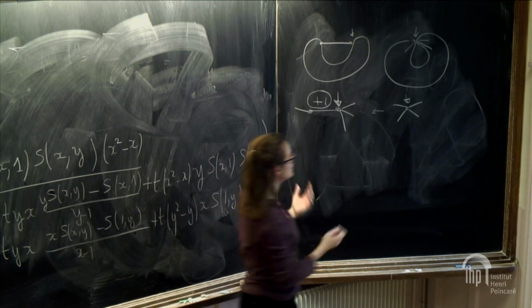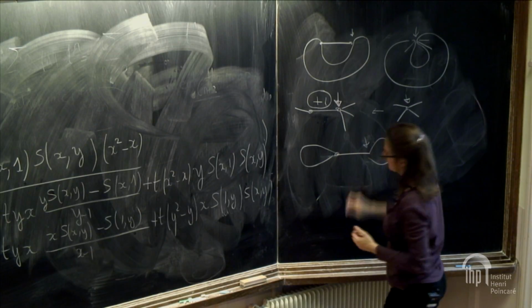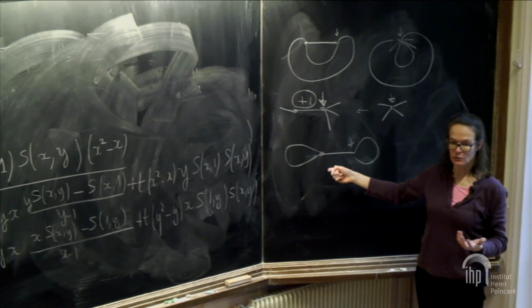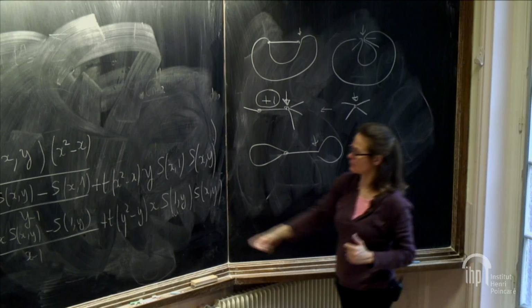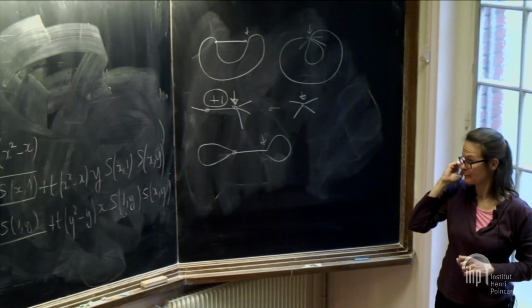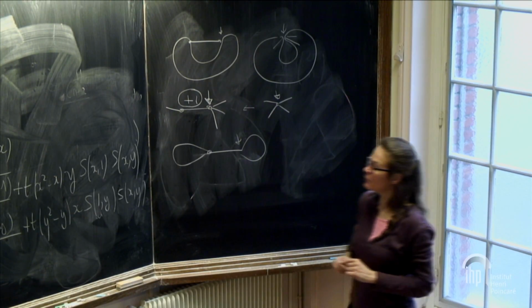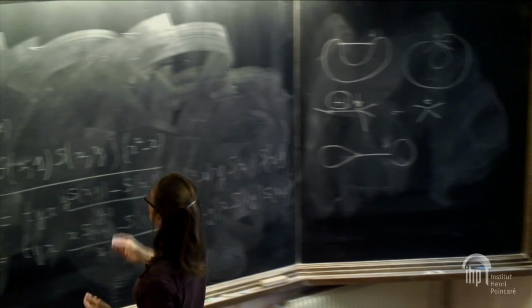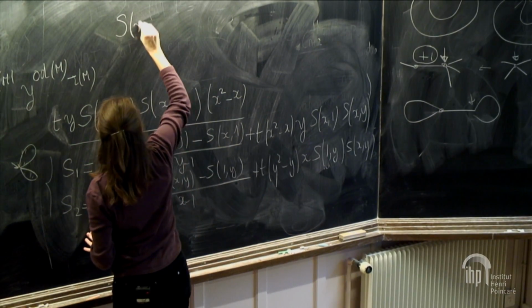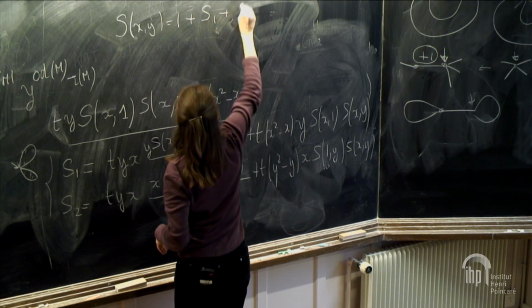But when you create a bridge, which may also happen, then it increases by 2. And that's the correction you have here. So it's completely dual. OK, so that's our equation. So S of x y is 1 plus what I denoted S1 plus S2.